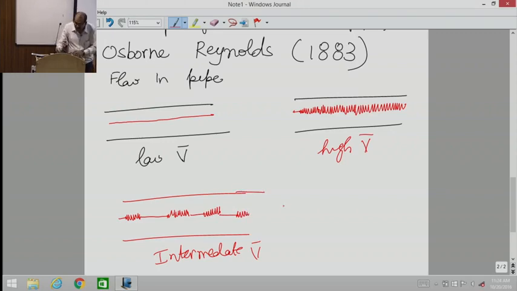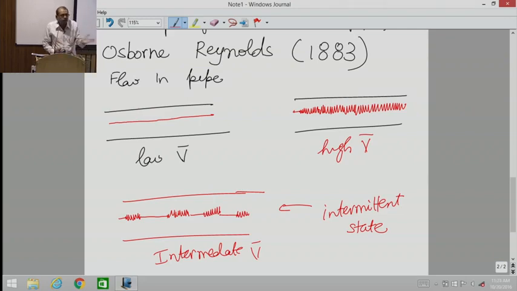So this is what we can term as an intermittent state. That there are two types of solutions, a simple solution and a random solution, and in some intermediate ranges of velocities, you do find these states where it switches between the two states.